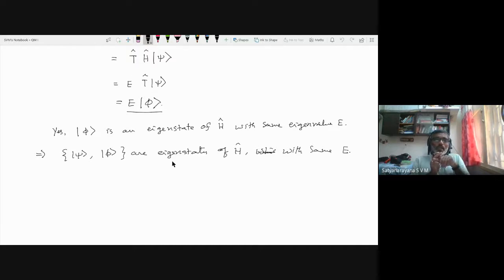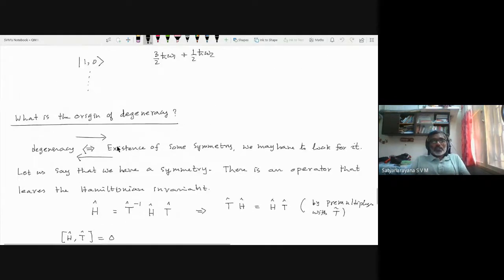But if you have an anisotropic case, then x going to y is not a symmetry of the system. That means you are lowering the symmetry. Once you lower the symmetry, the degeneracy gets lifted. So higher symmetries will have more degeneracy, and lower symmetries will have less degeneracy, or maybe no degeneracy. That is the connection between the degeneracy and the symmetry of the system.